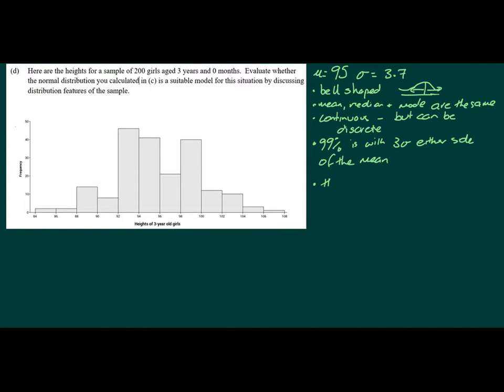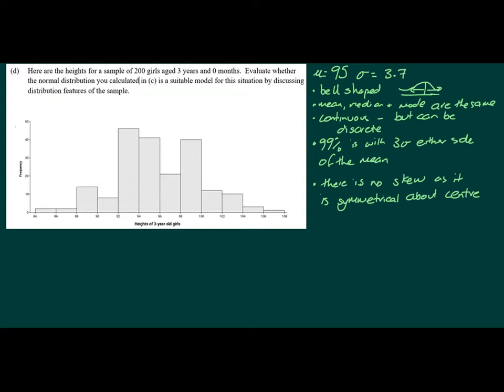There is no skew, as it is symmetrical about the mean or about the center. So there's some basic factors about a normal distribution curve. So what we need to do is try and apply some of these to the set of data that we've got in front of us.